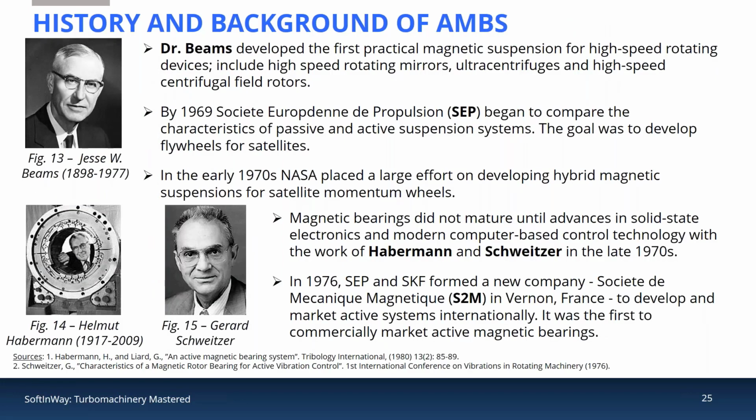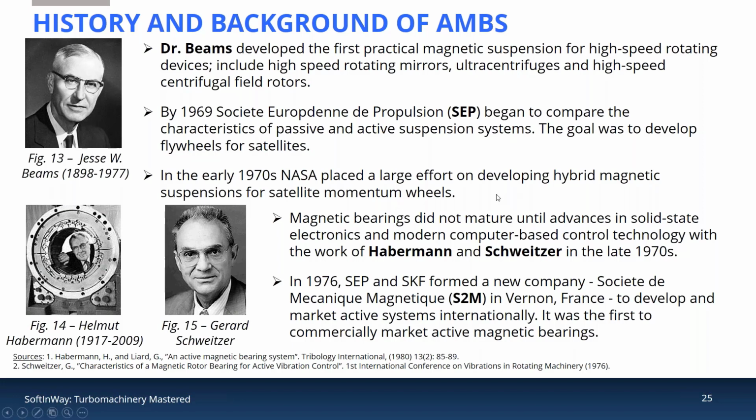Dr. Beams developed the first practical magnetic suspension for high-speed rotating devices in the 1940s-1950s. Further studies were performed by SEP and NASA. The advances in solid-state electronics and modern computer-based technology of Kabermann and Schweitzer in the late 1970s gave fresh breath to the AMB developments.